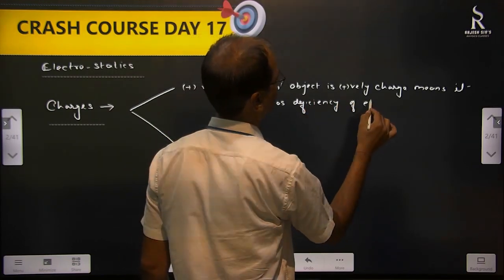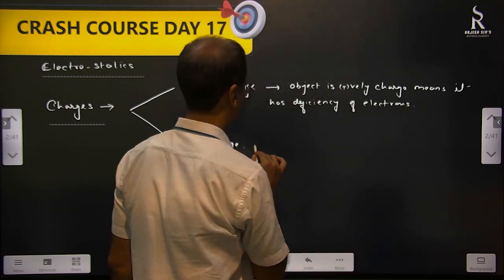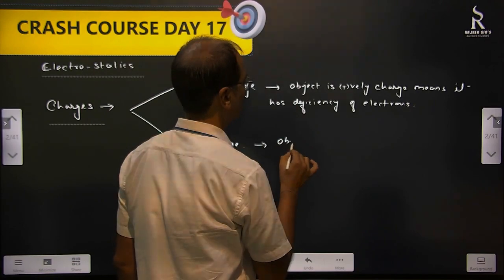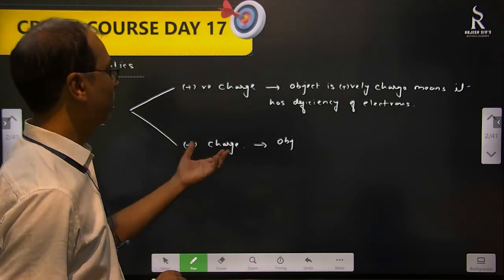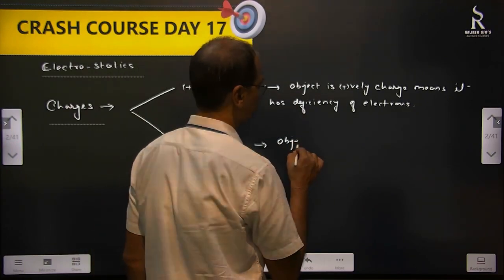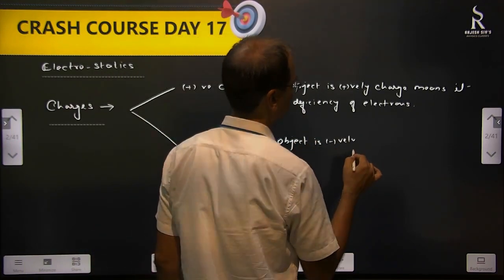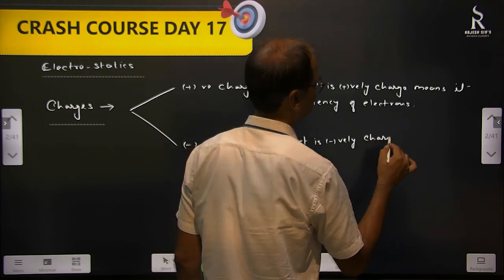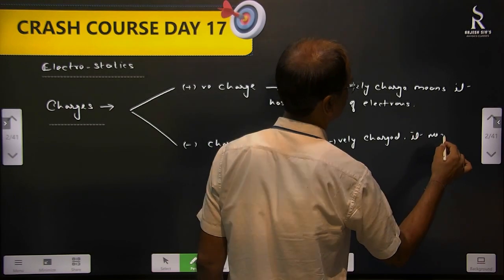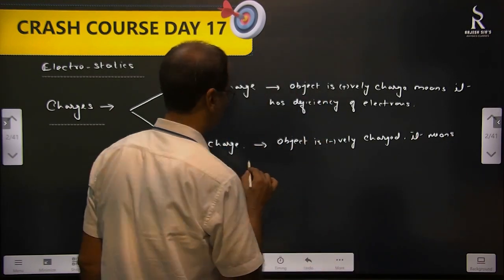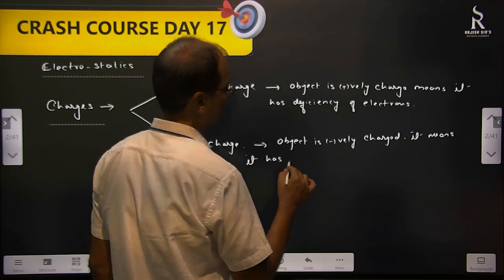And if any object is negatively charged, it means it has excess electrons.